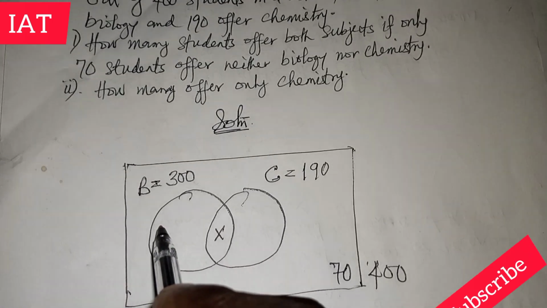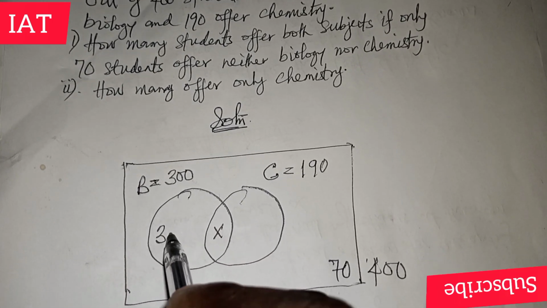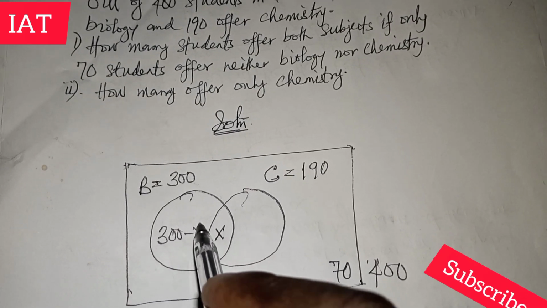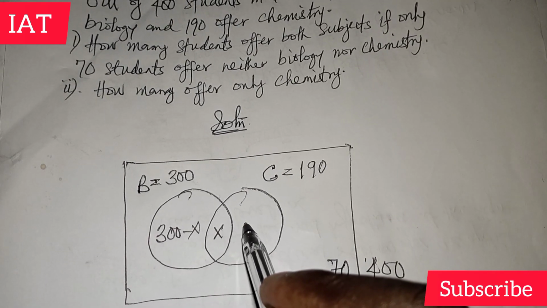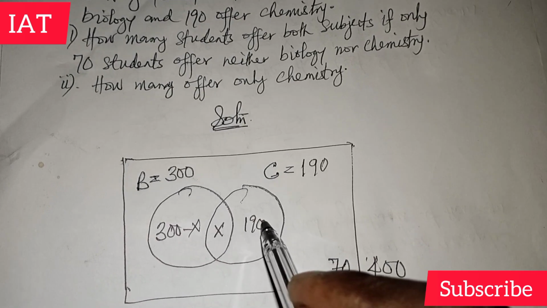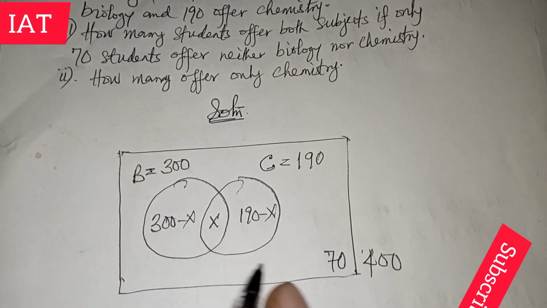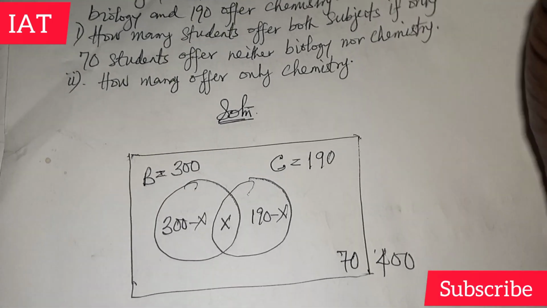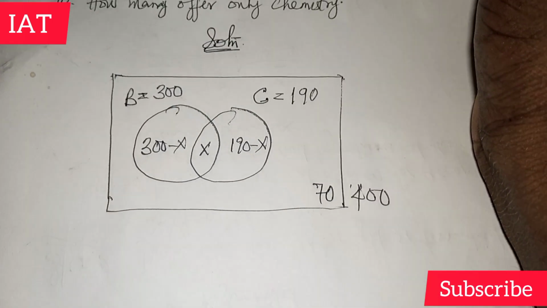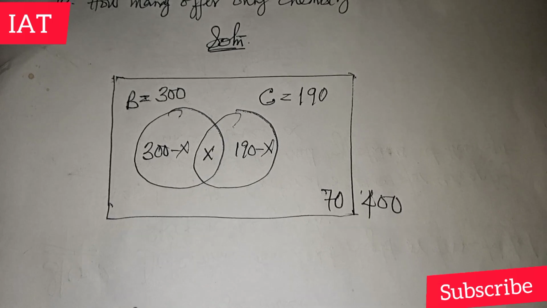So firstly, I have to subtract this X from this 300 and also subtract the X from this 190. So these are the necessary parameters that we use in getting whatever it is we're asked to find.